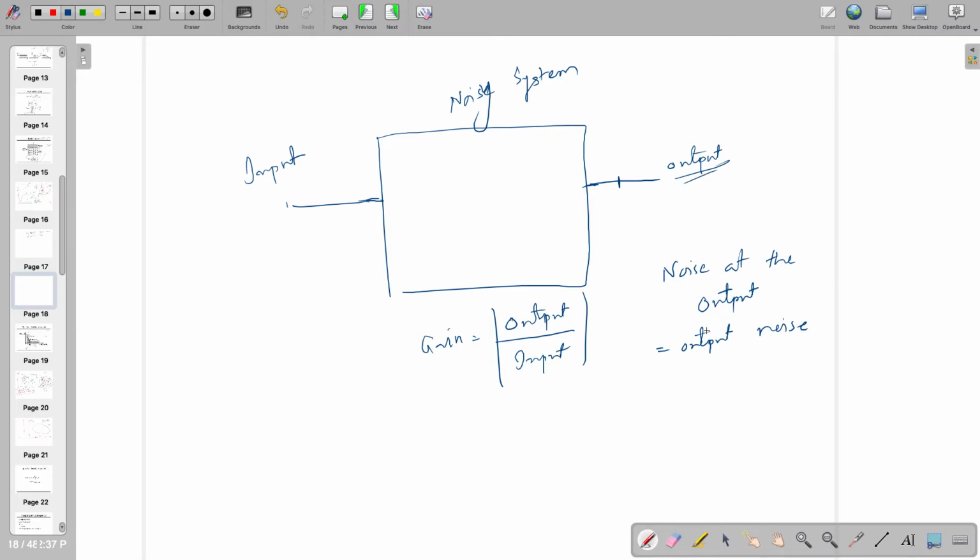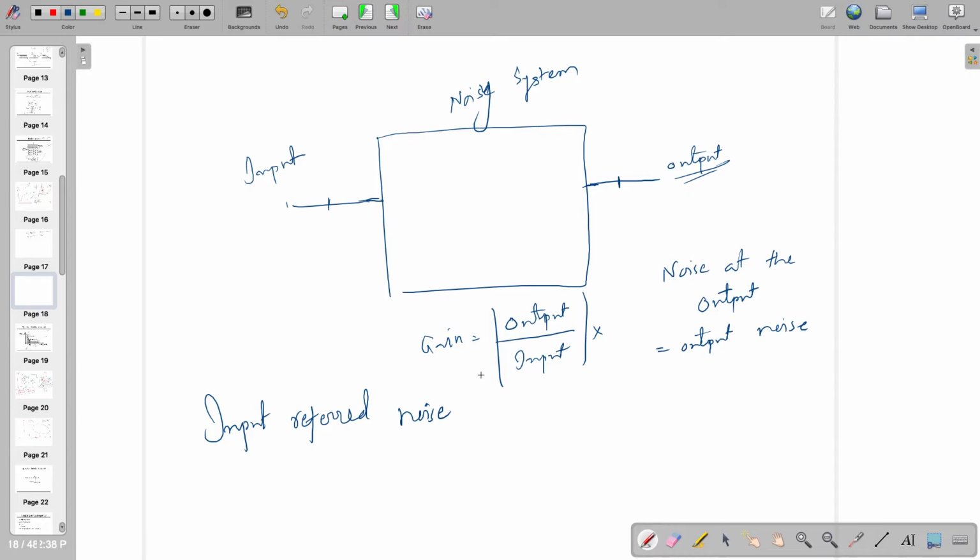However, if you want to find output noise, there is something called input referred noise. As we have found from the equations, by writing the equations for the whole circuit, you can have a noise which is known as input referred noise.